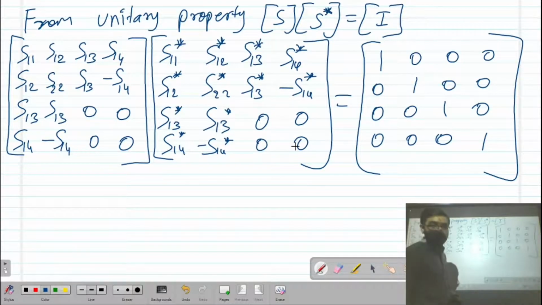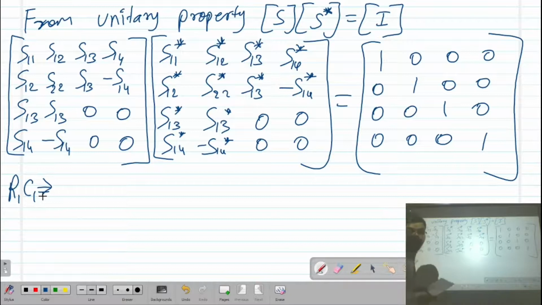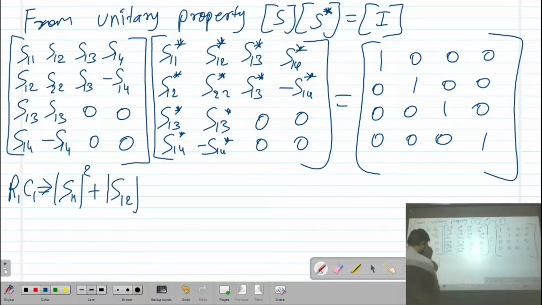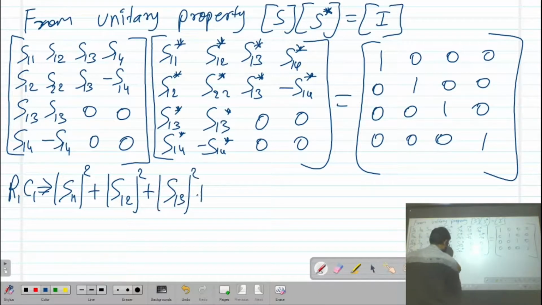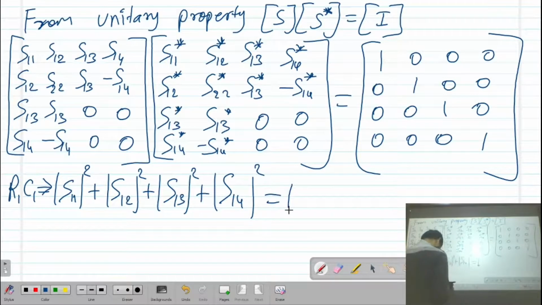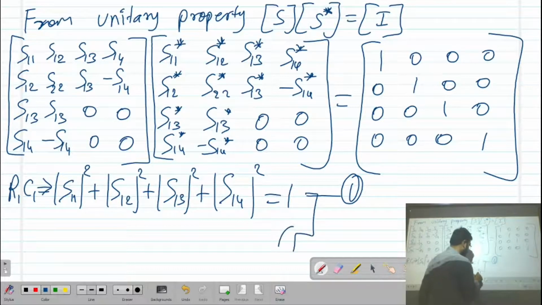Now, expanding all this, row 1 first column, R1 C1, we will have S11 whole square plus S12 whole square plus S13 whole square plus S14 whole square is equal to 1.